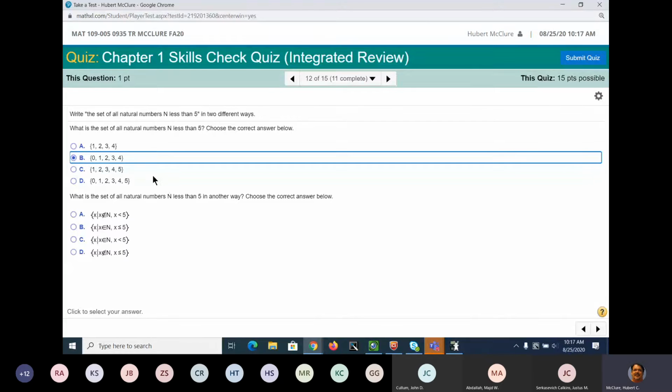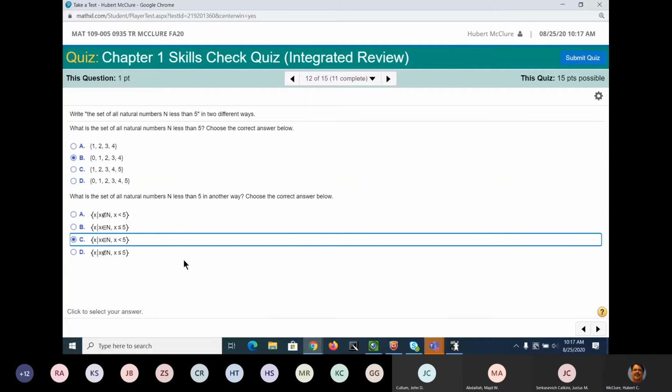What is the set of numbers less than 5 in another way? Well, x such that x is less than 5. I would say C. It's not equal to, so it's not B or D. So it's either A or C, and I have no idea.